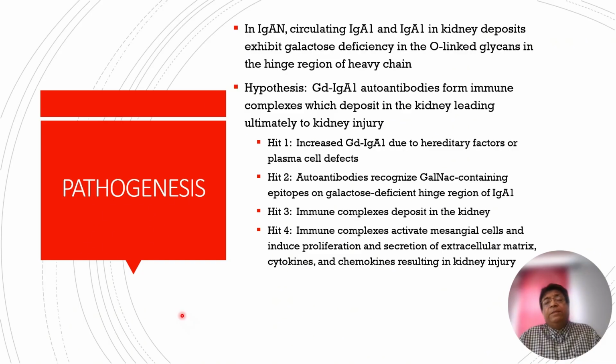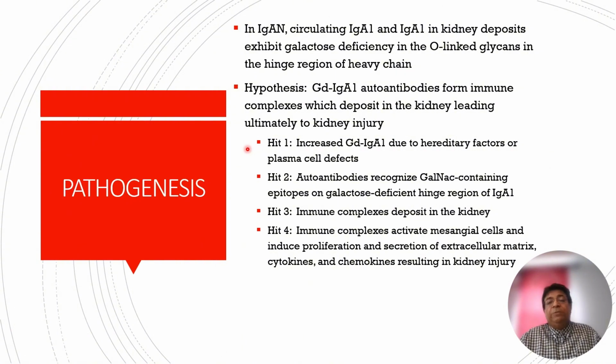So the hypothesis is that the galactose deficient IgA1 autoantibodies form immune complexes which deposit in the kidney, leading ultimately to kidney injury.